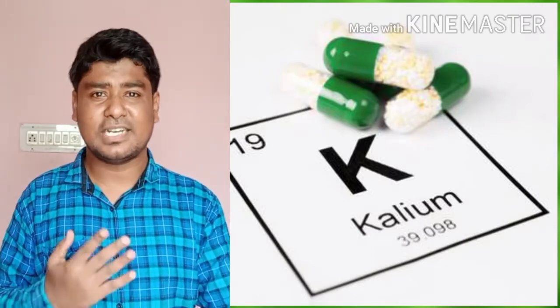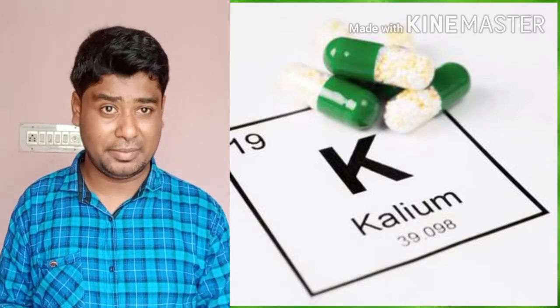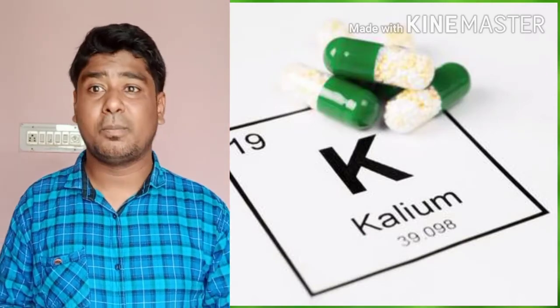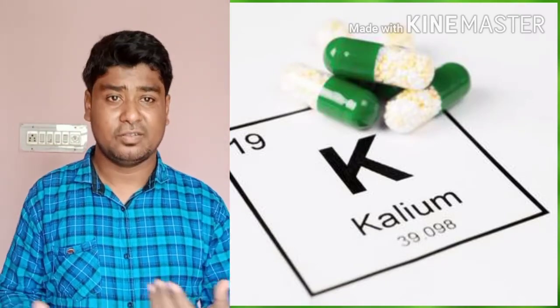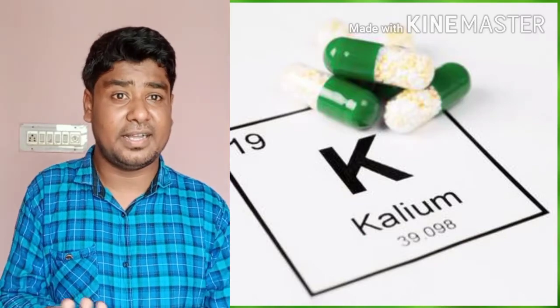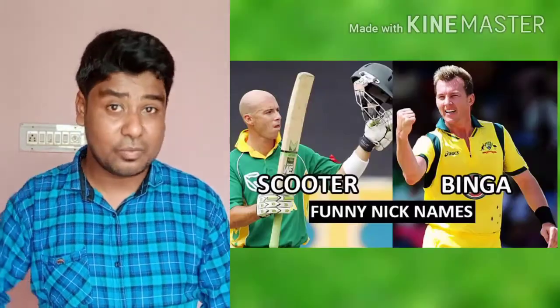That's because there are other elements too which start with the same letter. Potassium starts with P, but P has been given for phosphorus, so giving P again would be difficult. That's one reason. One more reason is where the element was discovered.